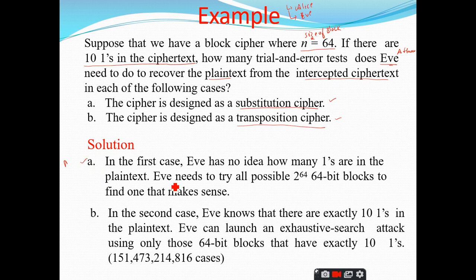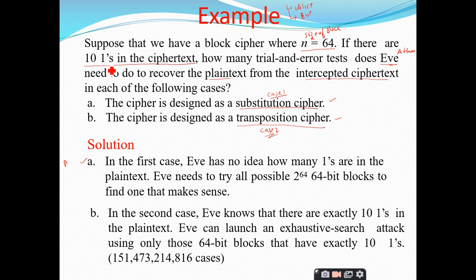So in the first case, what is the first case? Substitution cipher. Case 2 is transposition. In the earlier discussion also, for the substitution cipher, even though the ciphertext consists of 10 ones, Eve cannot have an exact idea of how many zeros and ones are present in the plain text.